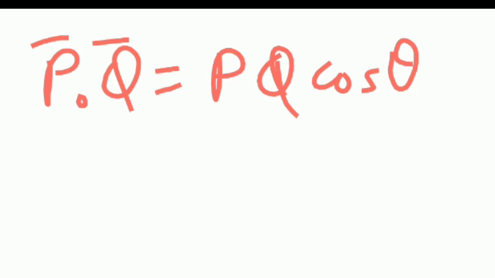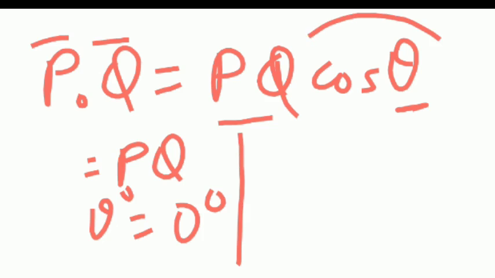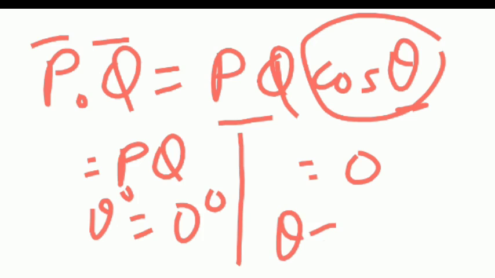So what will happen if the angle is equal to 0? Cos 0 is equal to 1, so this will become equal to pq when theta is 0 degree. Suppose theta is equal to 90 degree, that is pi by 2. Cos 90 is equal to 0, so this will become 0 at theta equal to 90 degree.